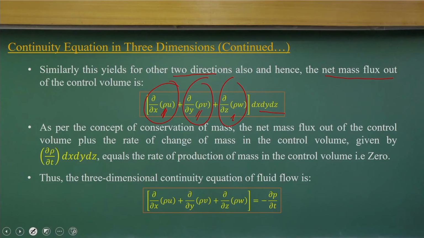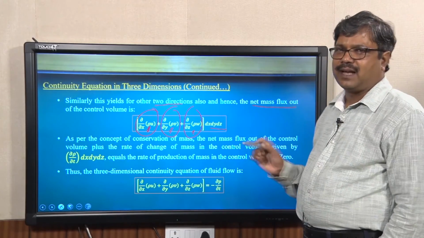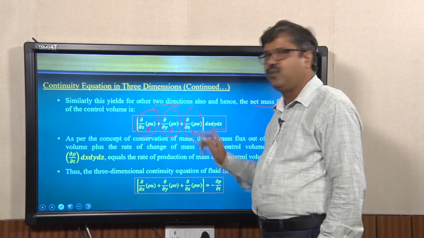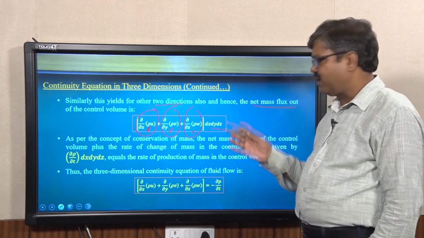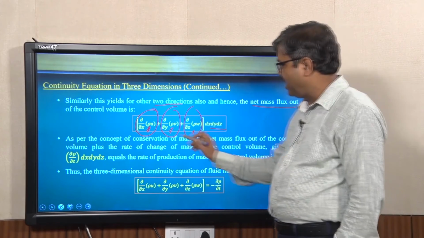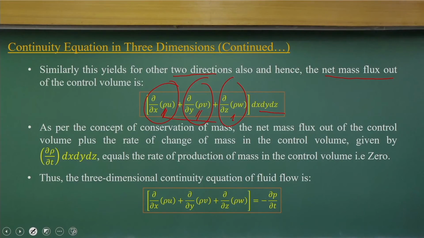Rho is the density, u is the scalar velocity component in the x direction, similarly rho v in the y direction and w in the z direction. So we get the net mass flux out of the control volume.